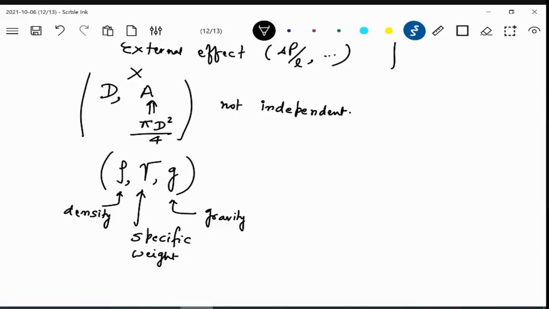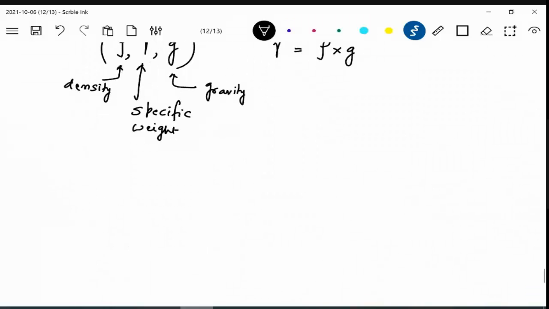These are not independent because specific weight is nothing but rho times g. So either you can consider rho and g as variables, or you can consider gamma and g as variables. You cannot consider all three. So you have to take independent variables. This is the first step.